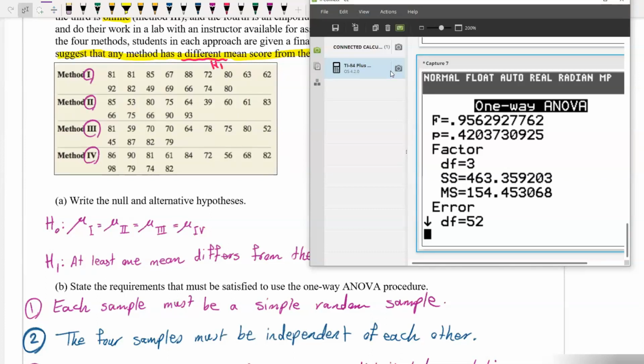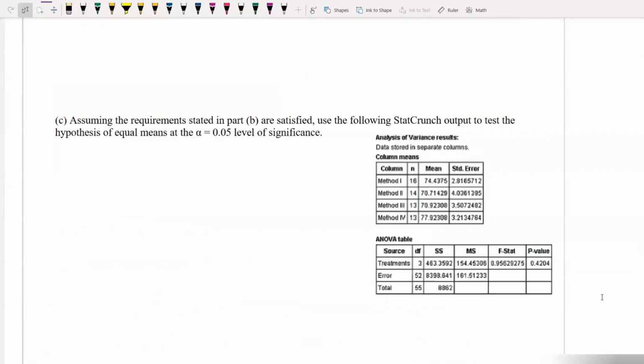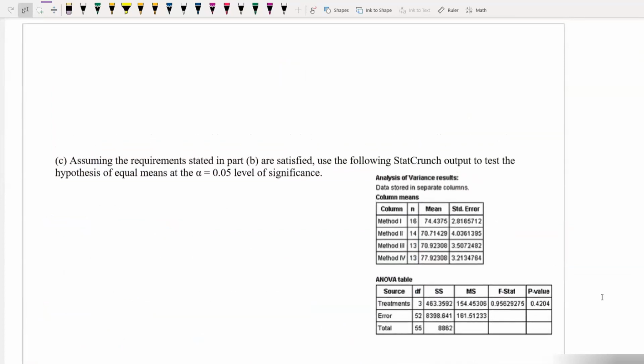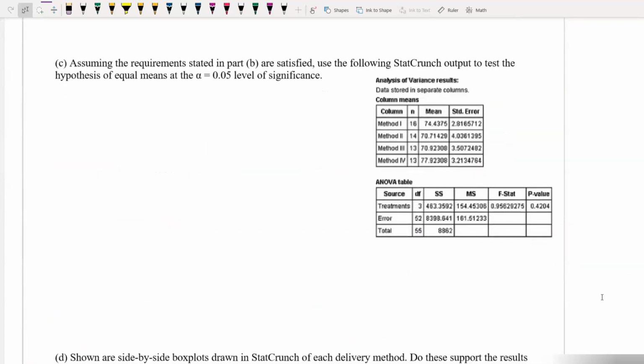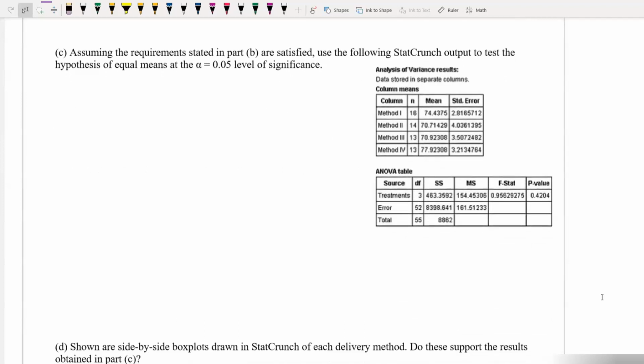And our p-value rounding to 4 decimal places, 0.4204, exactly the same as what we had on StatCrunch. This is from StatCrunch, but we did it using the TI-84 because we need to know how to use the calculator on the exam.